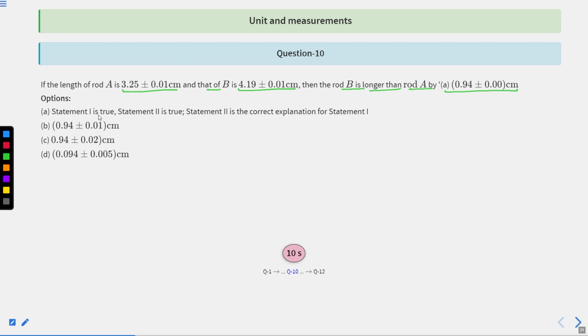Statement first is true. Statement 2 is true. Statement 2 is the correct explanation for statement first. B, this, C is this, and D is this. Which one is correct? You have 10 seconds to solve this question.